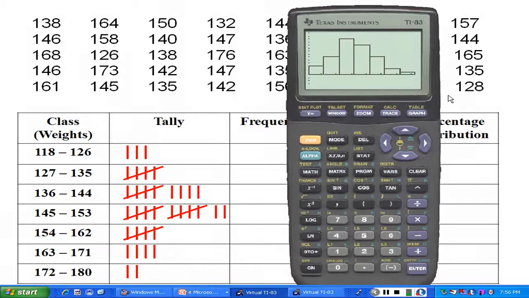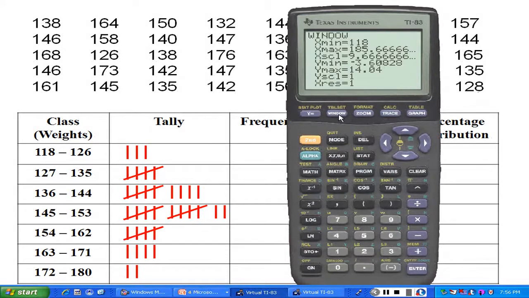The way you do that is you go and you press Window. So see, you go ahead and press Window right there. You select Window. And then on the minimum, now you want to do it a little bit below. You want to do it like 0.5 below, or you want to make a lower boundary. And what is that going to be?